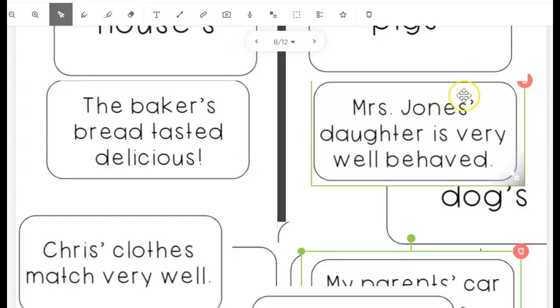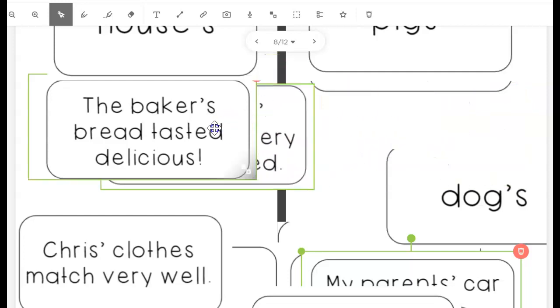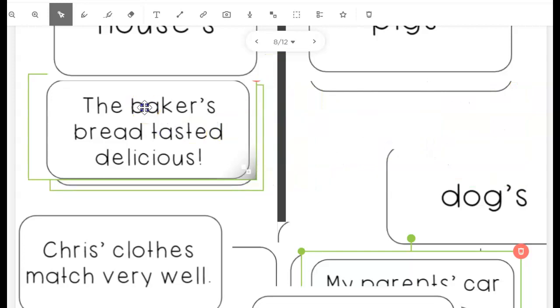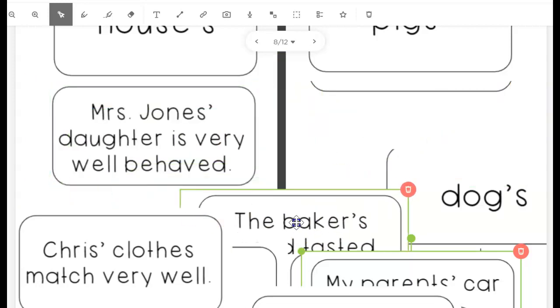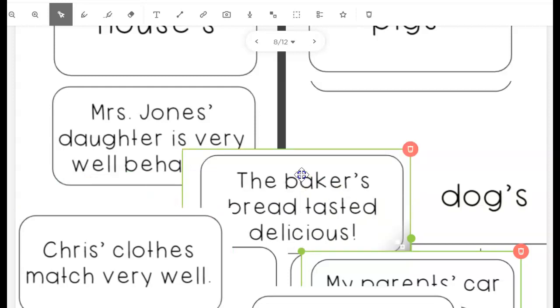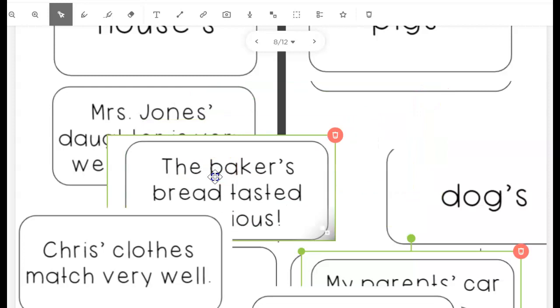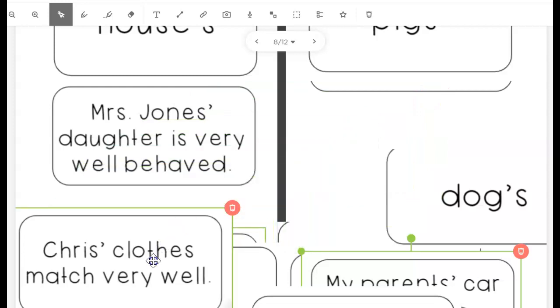Now this one is a tricky one because the name is Jones. It's only talking about one, so it will be singular, but it tricks us and has the apostrophe after the S. Mrs. Jones' daughter is very well behaved.